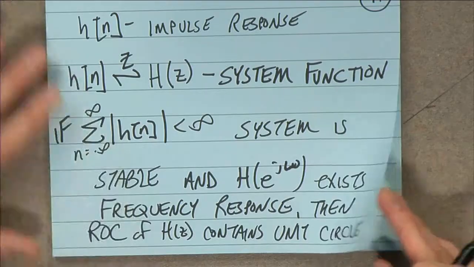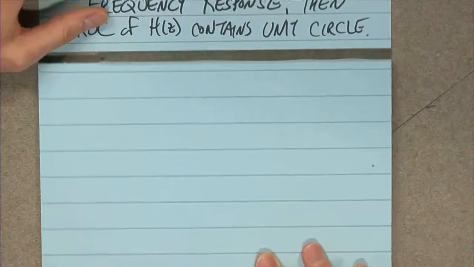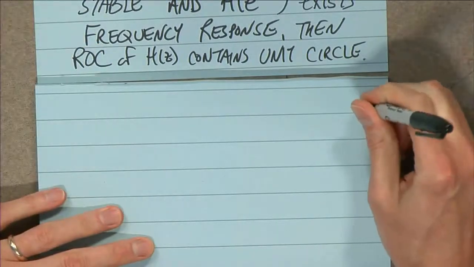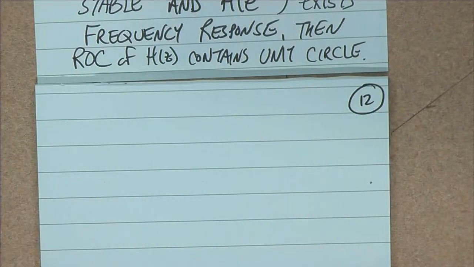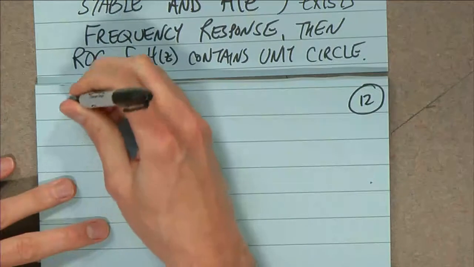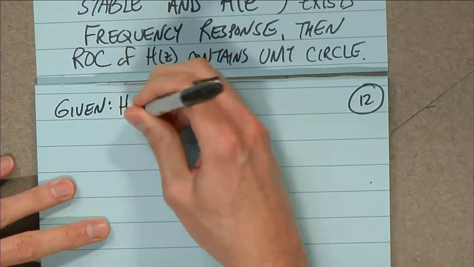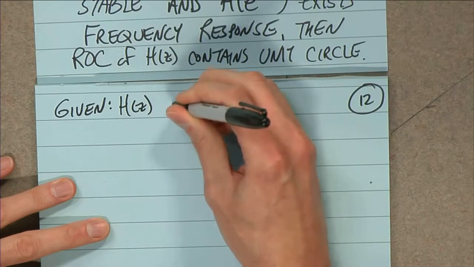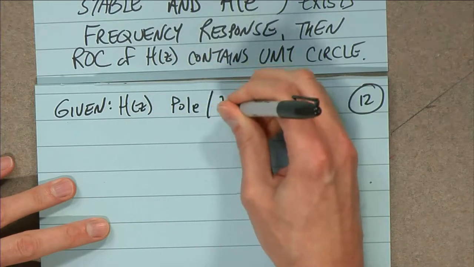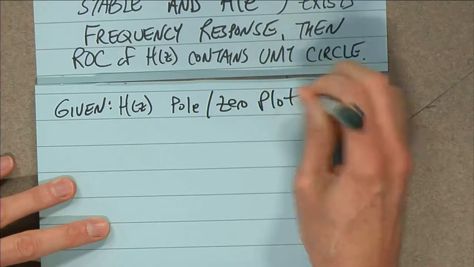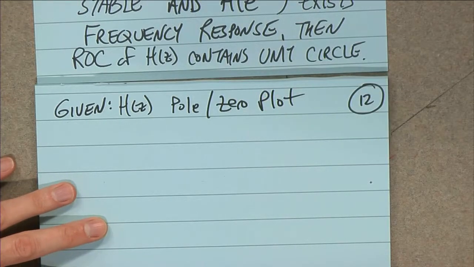So now with that terminology, let's go through and say, okay, given we have some h[n] and we have its poles and zeros, what does that tell us about the system? So as an example, we'll be given an H(z) pole-zero plot.